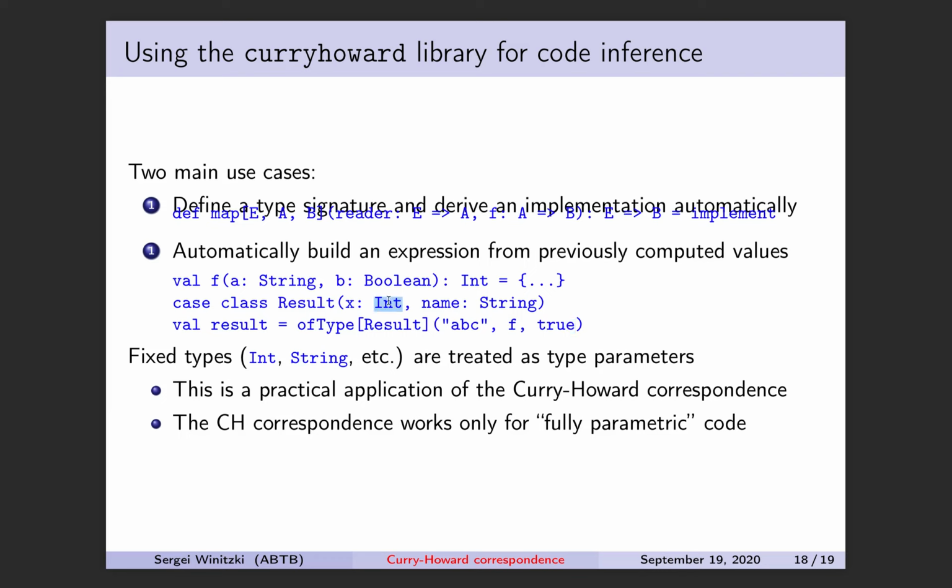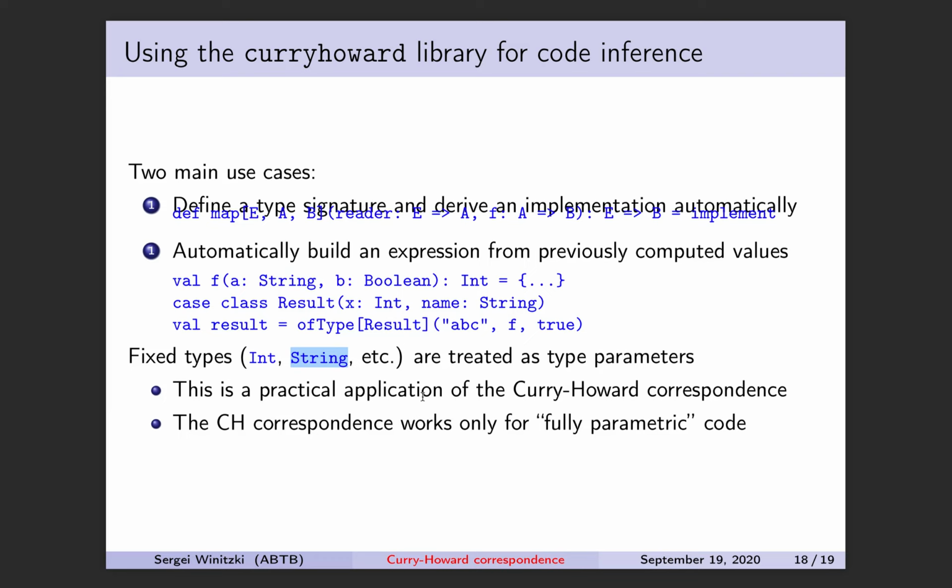To get a type result, you need an integer and a string. To get an integer, you need to apply f to a string and a Boolean. So you need a Boolean and a string, and then you can apply f, and then you can use this case class constructor and get what you want. The Curry-Howard library automatically finds this using the Curry-Howard correspondence and the LJT algorithm in the way I just showed on other examples.